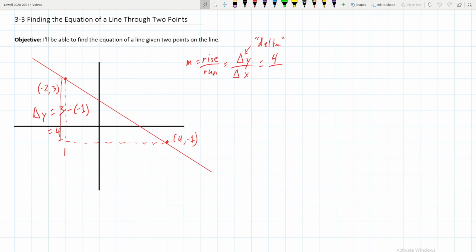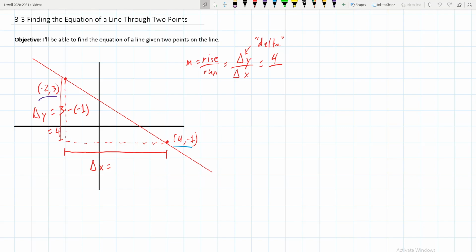And my delta x, which would just be how far this goes, or my run. Well, here's the important part: if you did the purple minus the blue in one of the delta y or delta x, then you need to do the same order for the other one. And so in this case, I did purple minus blue because I did 3 minus -1. And so I'm going to do the same thing here.